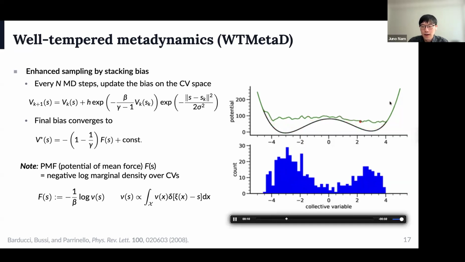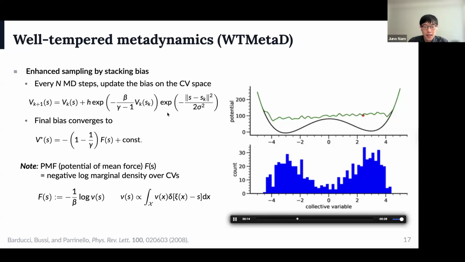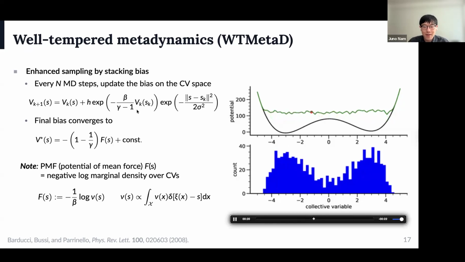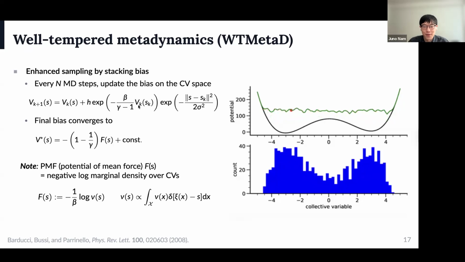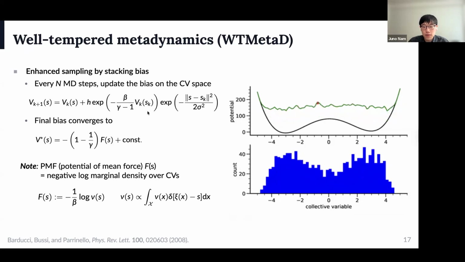Another important component here is that we don't stack up the same Gaussian kernel at every time step. If some amount of bias potential is already constructed, then we have a discount factor that slows down the addition of bias.